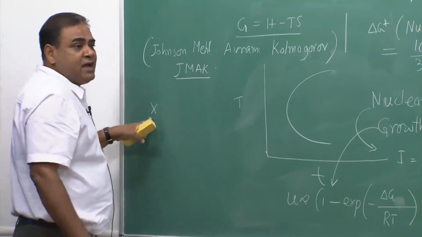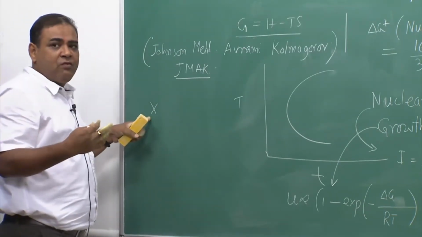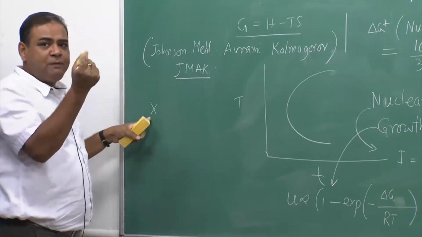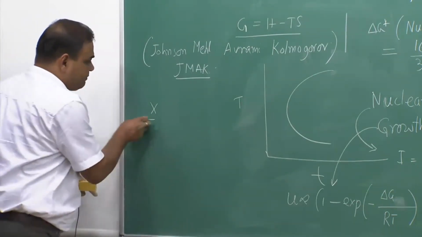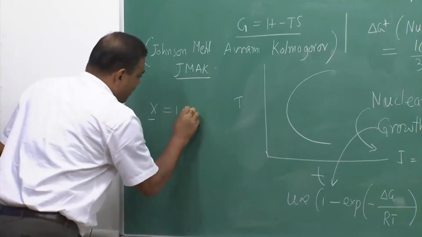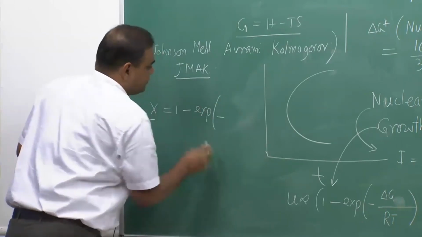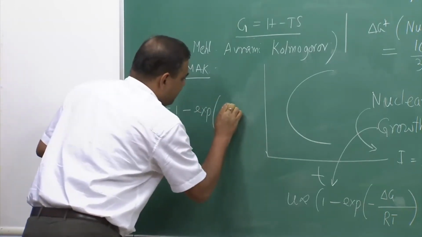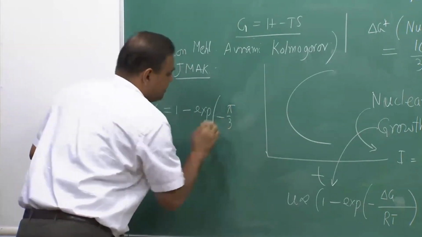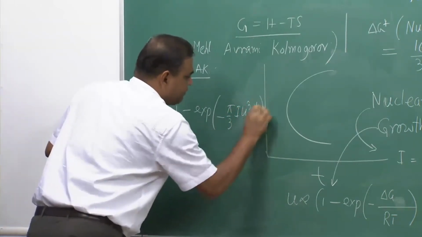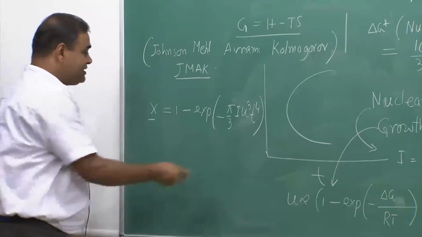That means, when the product phase appears in the parent phase, the fraction of that product phase is given by X equals 1 minus exponential of minus π/3 I U³ t⁴. So, this is the expression.